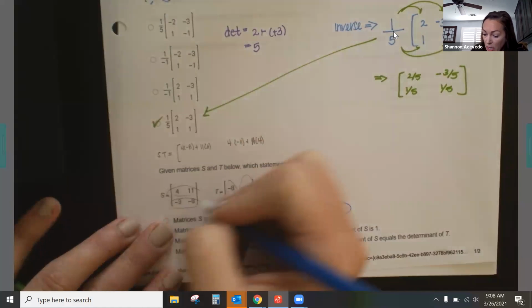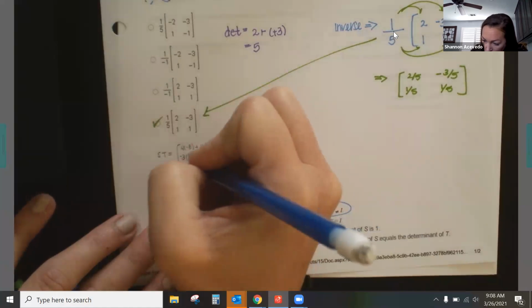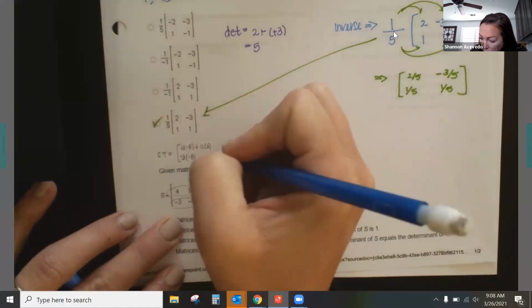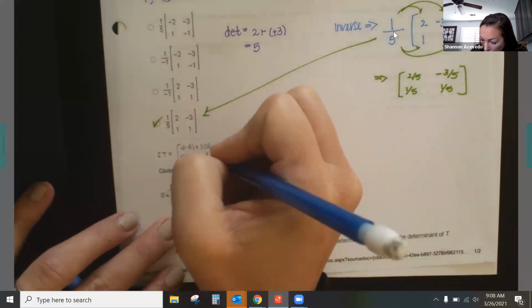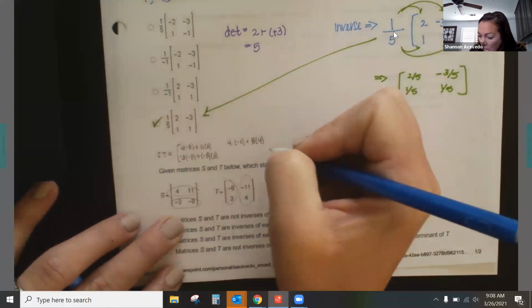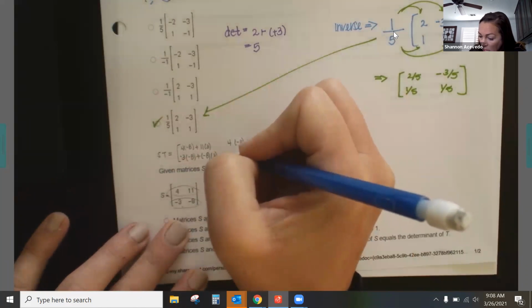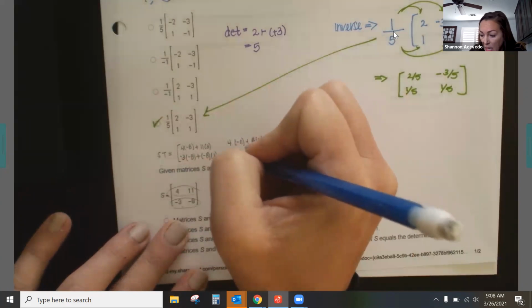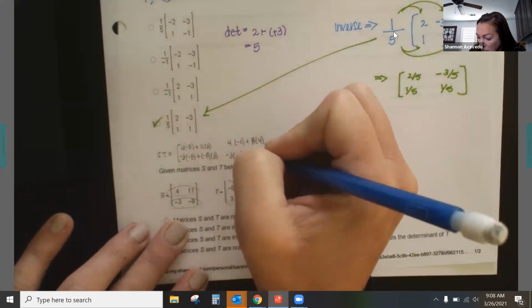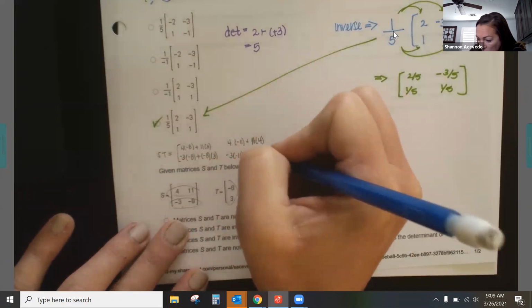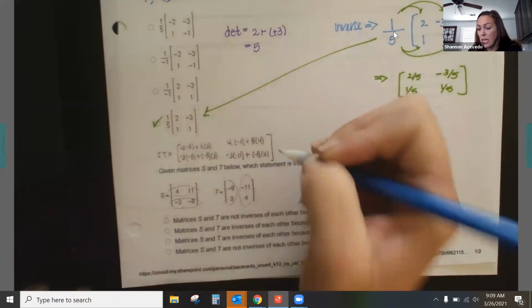My second row is going to be -3 times my -8 plus -8 times 3. My bottom row, second column is going to give me -3 times -11 plus -8 times 4. And of course, I could clean this up.